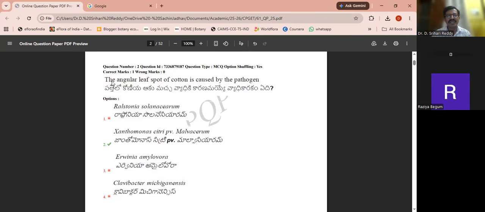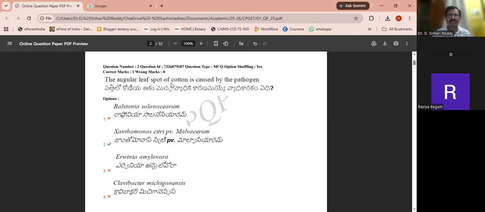So here they ask about the angular leaf spot of cotton. Sometimes they may ask black knot disease of cotton. Angular leaf spot of cotton or black knot of cotton. And there is one more name also, that is blight of cotton.